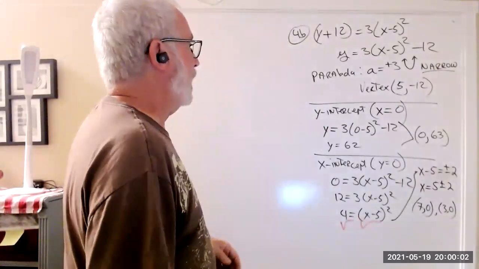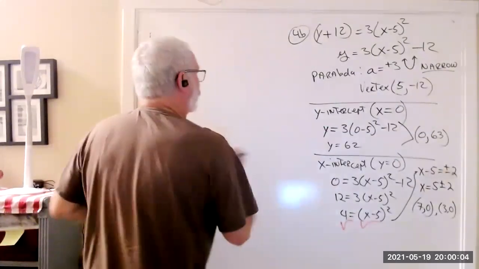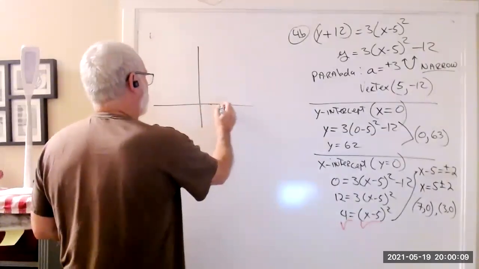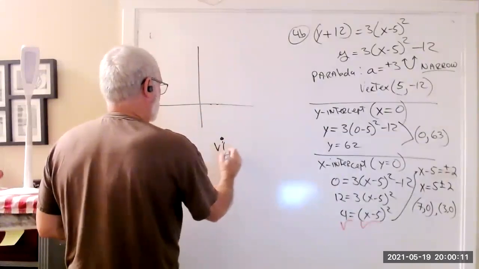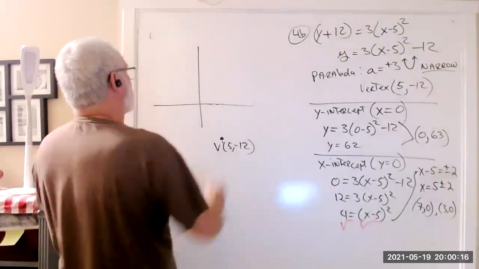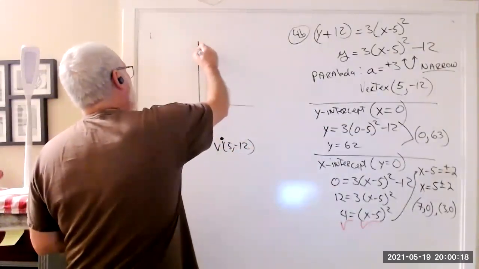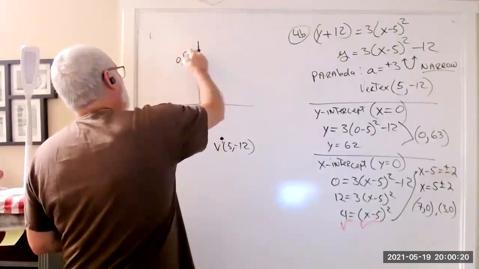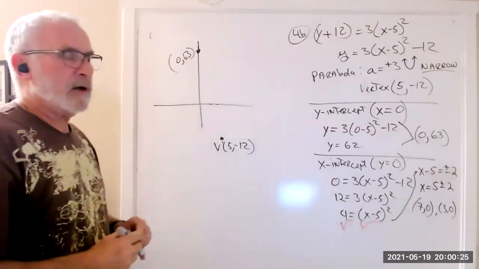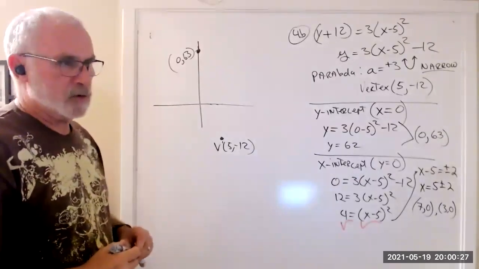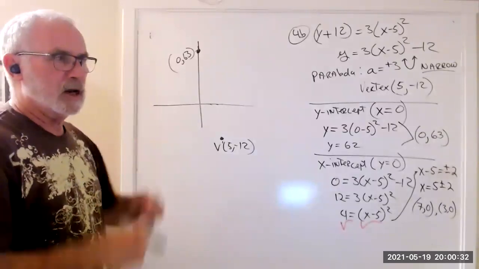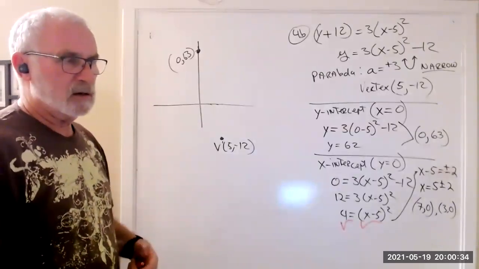Vertex (5, -12). Okay, vertex. Y-intercept (0, 63). Please notice that my graph is absolutely inaccurate, but it gives me enough information that I can understand what's happening.